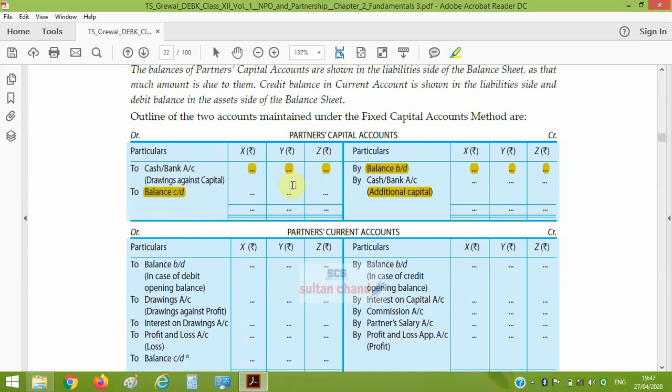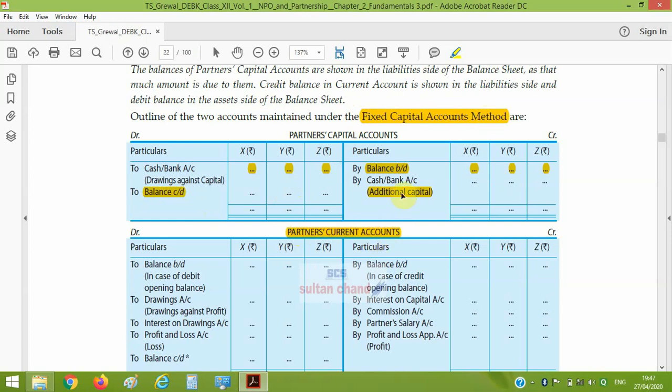These are the only four items dealt with under the partners' capital account while preparing the fixed capital account method, and all entries except these will be done under the partners' current account.